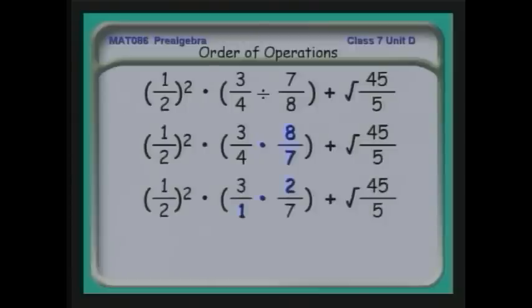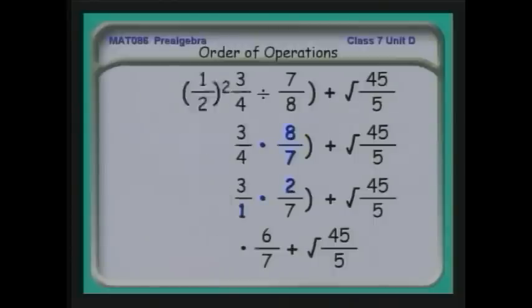Then I perform that operation by looking at common factors. I have an 8 and a 4. I can divide both of those by 4, leaving me with a 2 where the 8 was, 8 divided by 4, and 4 divided by 4 leaves me with a 1. Next, I do that multiplication in the brackets. 3 times 2 is 6. 1 times 7 is 7.